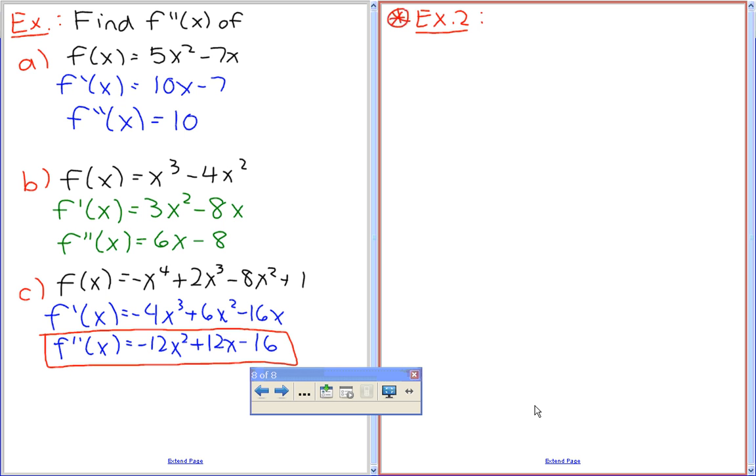Example 2. This question or something like it will be on your test. If it's not on your test, it'll be on your final exam. You're going to love this.